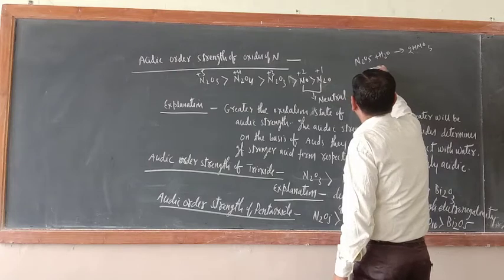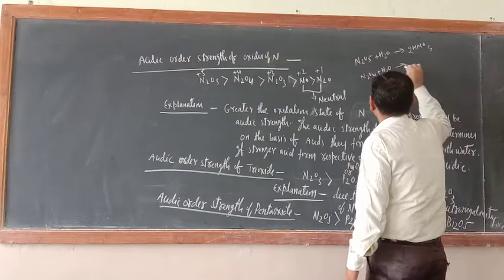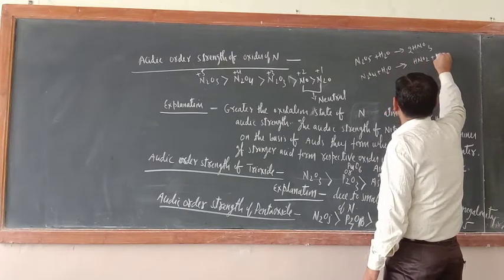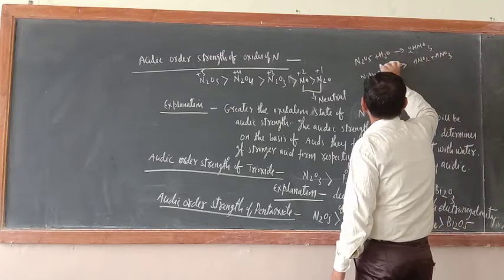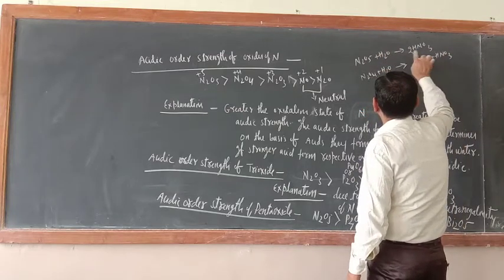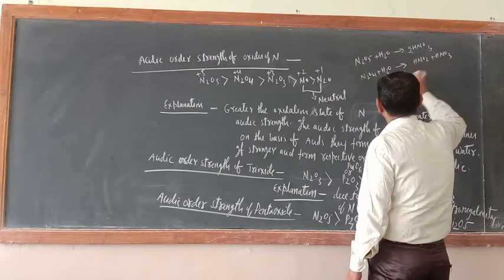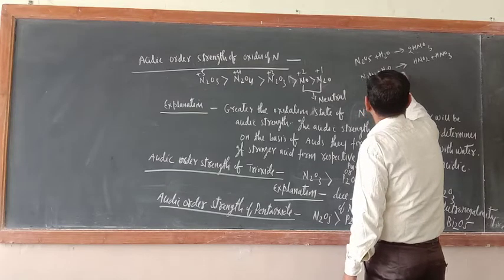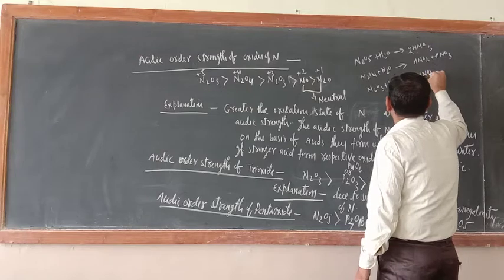Similarly, when N2O4 reacts with H2O, what does it form? It will form HNO2 plus HNO3. Make this one 2. Yes, it is balanced. Now here also, 4 and 5, 3 to 5, it is also balanced. N2O3 plus H2O will form HNO2.